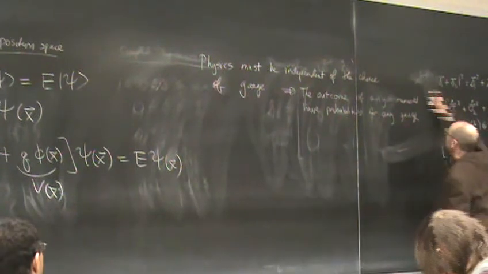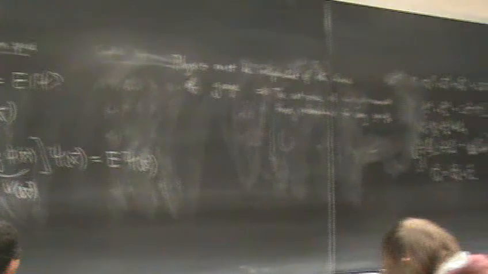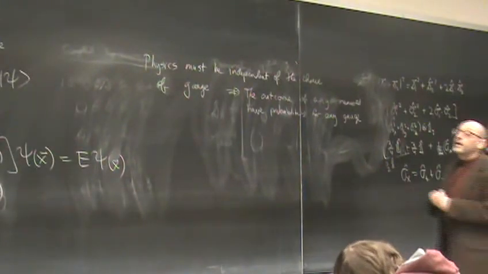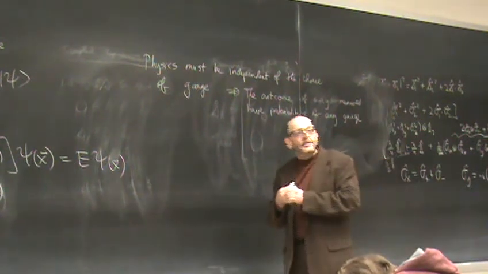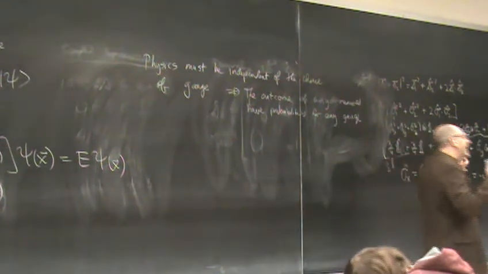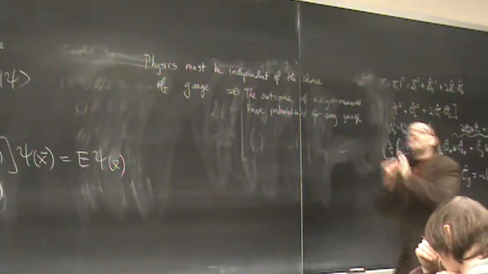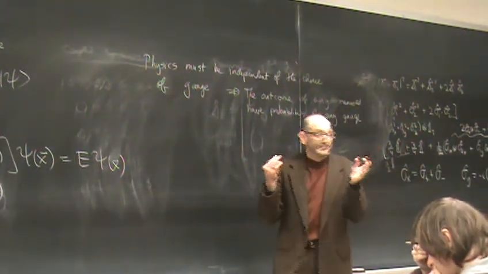So when we change the gauge, we can't change what we're going to find when we do a measurement. How can we ensure that's the case? The way we ensure it is to show that a gauge transformation is equivalent to a unitary transformation on everything.